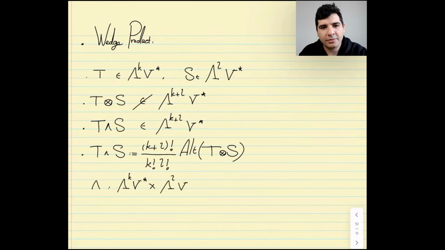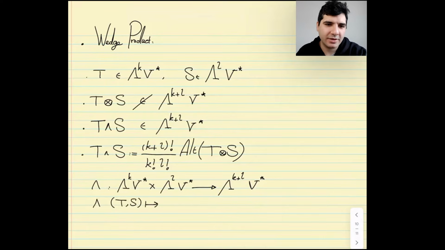So wedge defines a map from lambda^K V star times lambda^L V star to lambda^(K plus L) V star. This wedge is a map which takes two inputs, T and S, and the output is T wedge S, so it gives you another alternating tensor, or K plus L form.